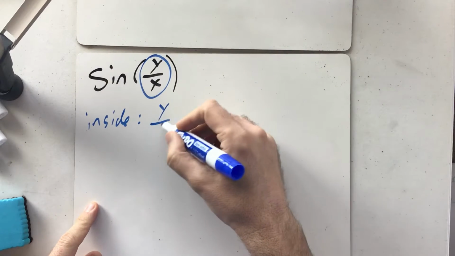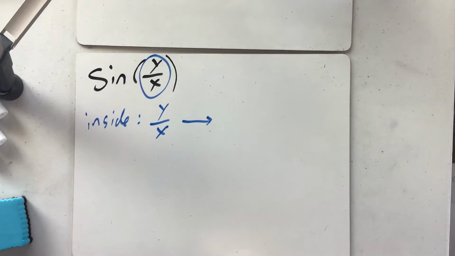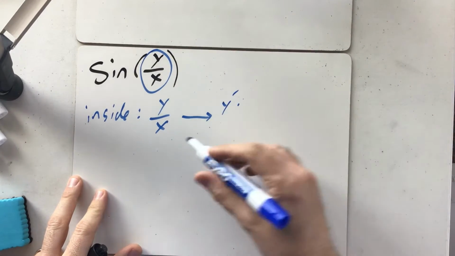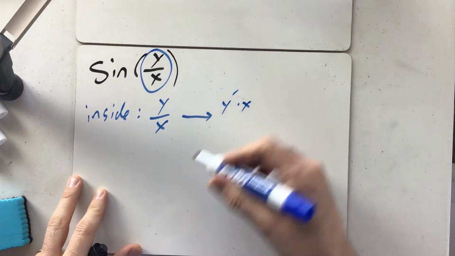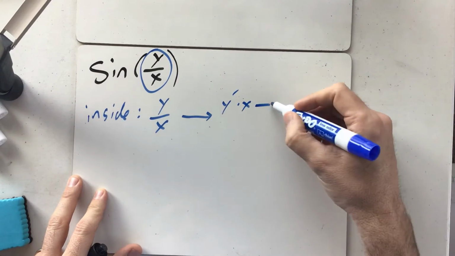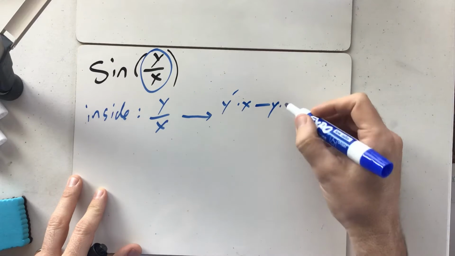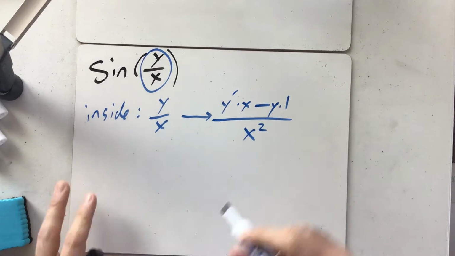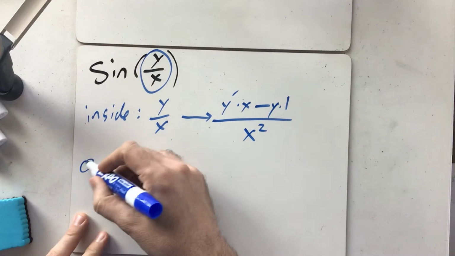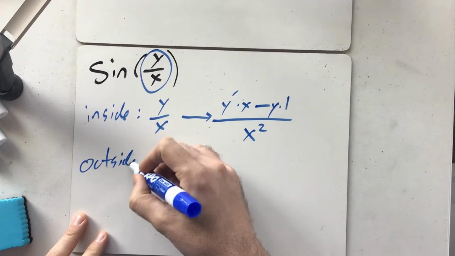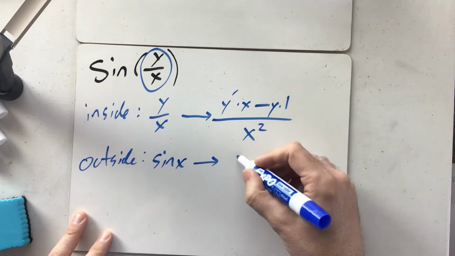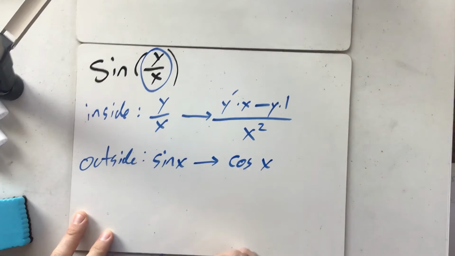So the derivative of y over x, to do the derivative of the inside, we'll have the derivative of the top, which is y prime, times the bottom, which is x, minus the top, which is y, times the derivative of the bottom, which is 1, all divided by the bottom squared, so we've got x squared. Now here our outside is sine of x, and so that derivative is just cosine of x.